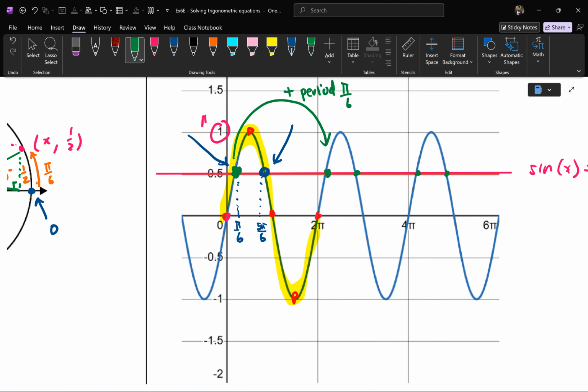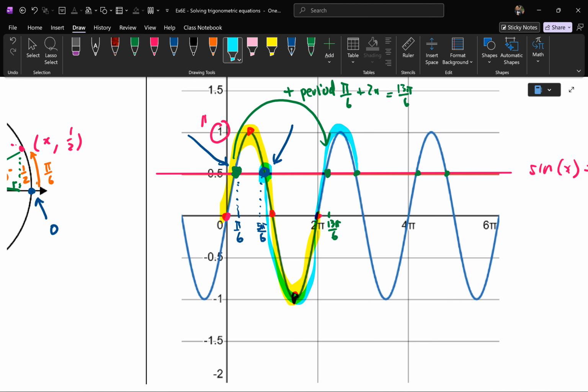So pi on 6 plus 2 pi, that would give you 1 plus 12, so that's 13 pi on 6. This one here must be 13 pi on 6. If I want to find the next one, notice that it is just 5 pi on 6 moving a full revolution to get there.